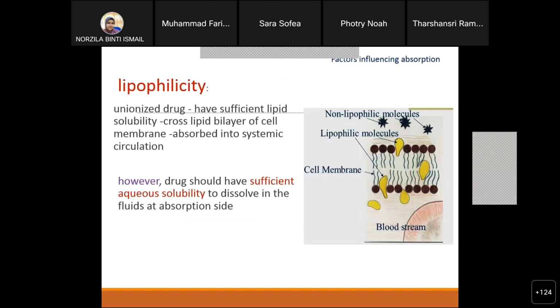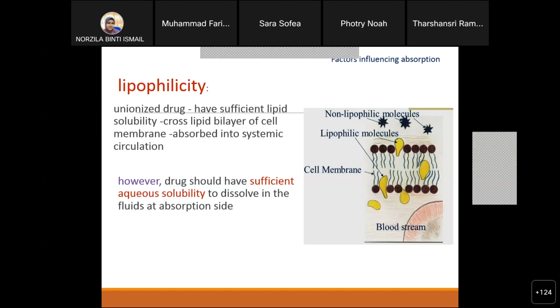Okay, remember previously I told you that a drug, whether it is for IM, for topical especially, cannot be 100% lipid soluble. It must also have a bit of hydrophilicity or aqueous solubility so that it can dissolve in the fluids at the absorption site.